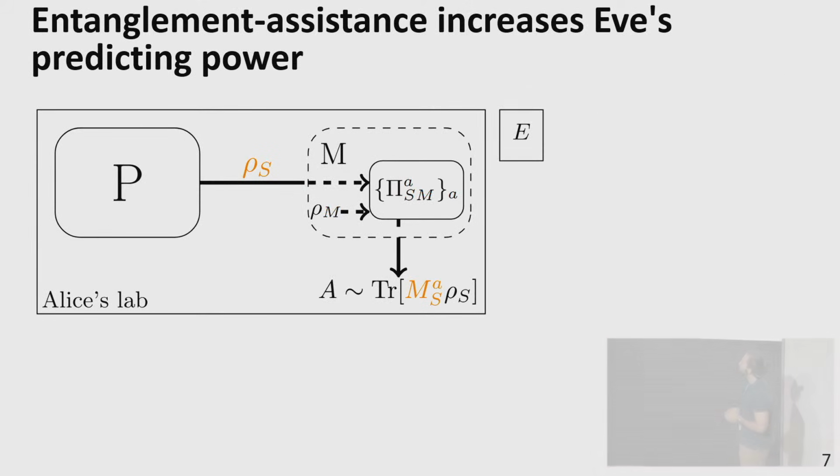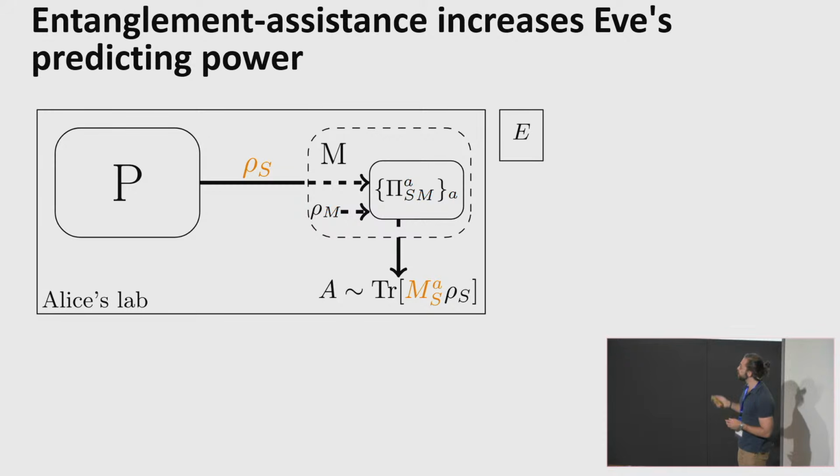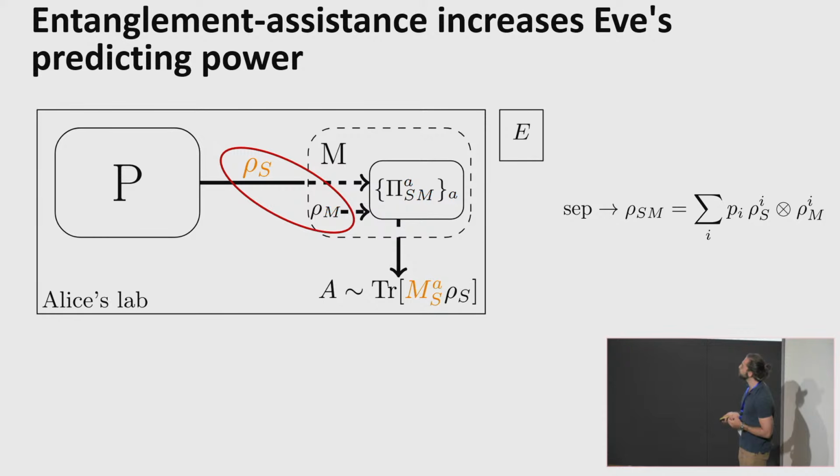OK, so now we can see just one last result. We go back to this scenario in which we have the lab and also the adversary. And in principle, between ρS and ρm there could be any correlation. But what we can also do is impose some separability between these two systems.